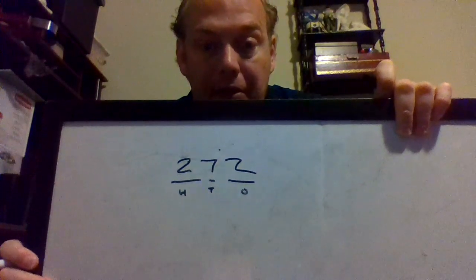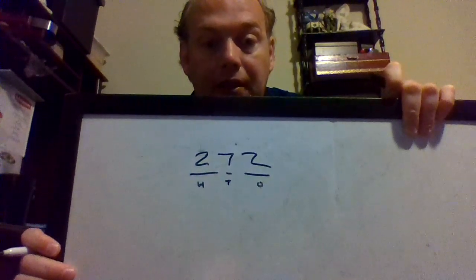Okay, so if we have a number such as 272, the first two is in the hundreds place, so we mark that with an H. The 7 is in the tens place, so we mark that with a T. And the second two is in the ones place, so we mark that with an O. Like so. 272.